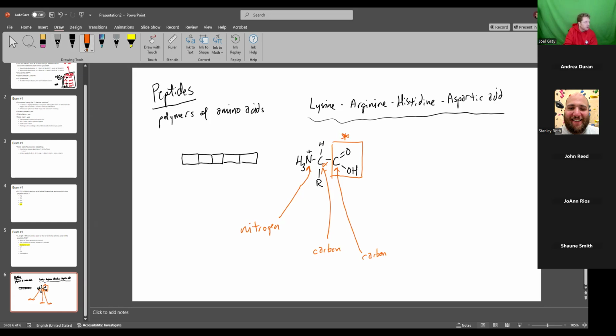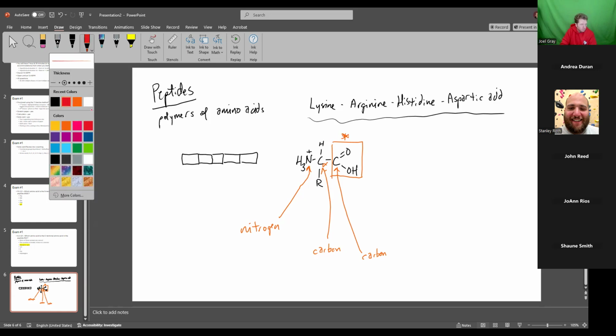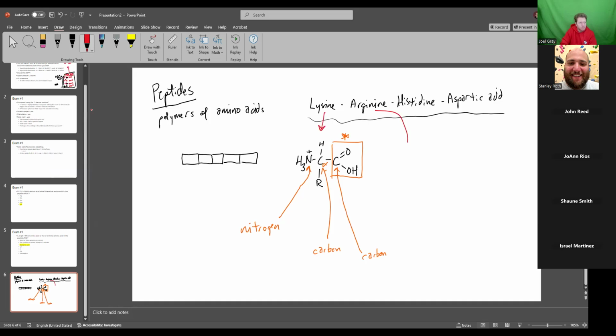and I'm going to change colors to draw now. So this is lysine, NH3 plus. Yes, I am going to post these slides and record my writings here, so I will be posting these later today.